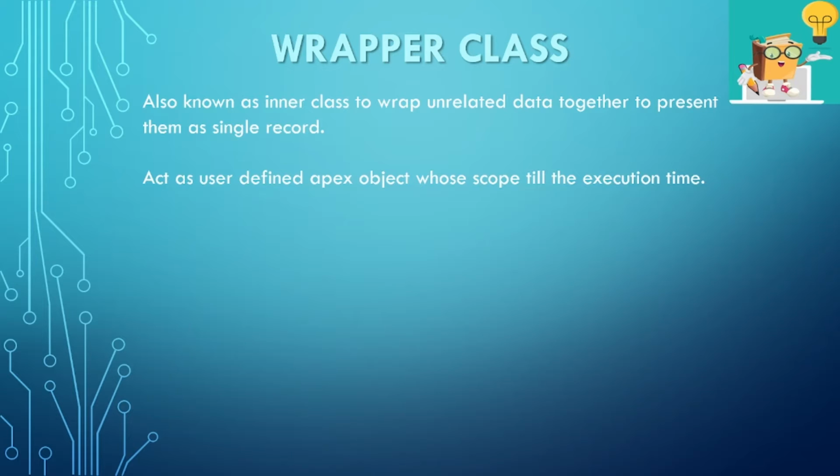You can write one inner class inside another and then use them to combine unrelated records together and present them as a single record to the system. It also acts like an Apex defined object, a user defined Apex object, whose scope is only till the time your code is getting executed.